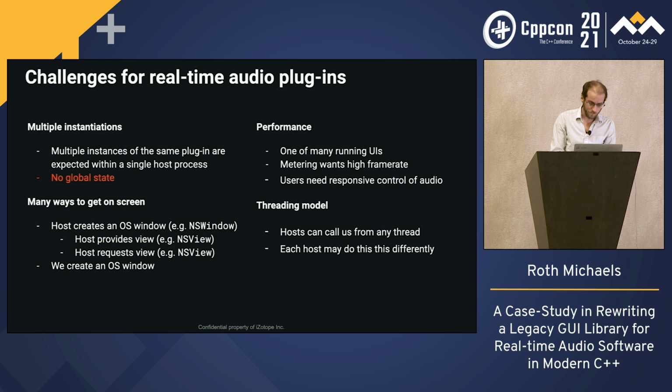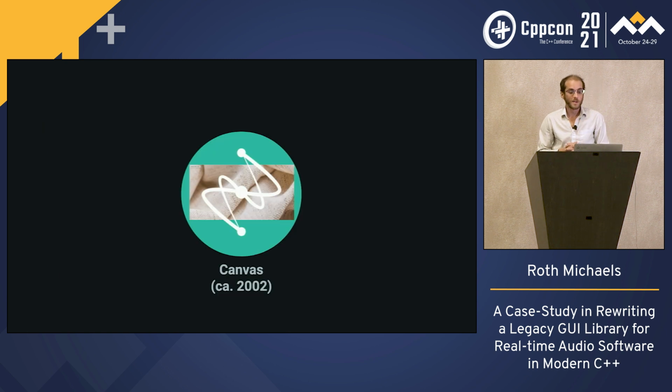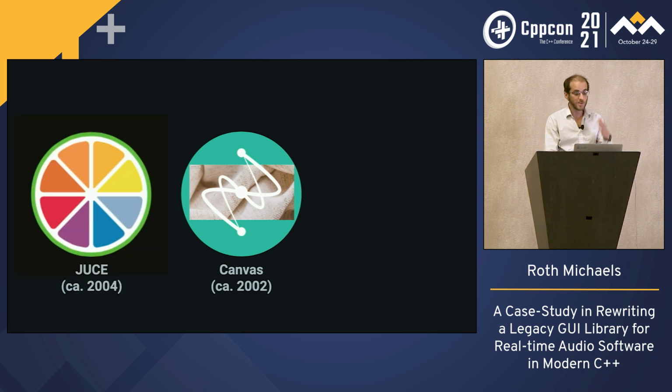So that's why when the company was founded, they did a little bit of experiments with Qt, but at the time that was not really viable to use in this sort of audio plugin context because there was a lot of global application state. So the founders started making their own UI framework because there wasn't really anything off the shelf available for plugins at the time. A few years later, there was this other platform that some of you might have heard of called JUCE.